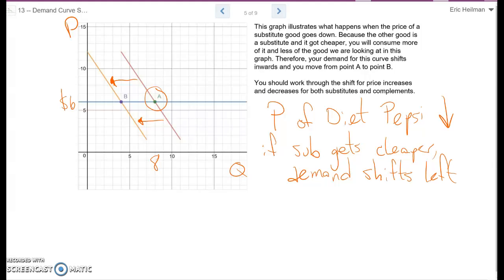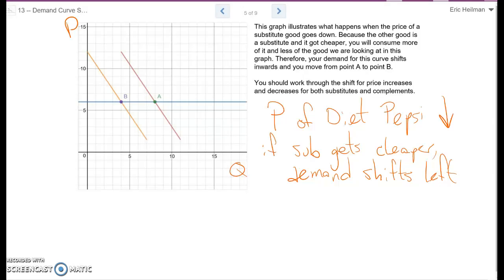So let's just do a couple other examples. We've just done the example where the price of a substitute falls. Now let's think about what would happen if the price of a substitute increased. What would happen if Diet Pepsi got more expensive?